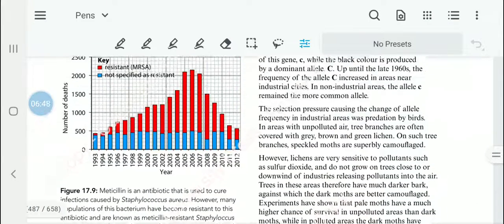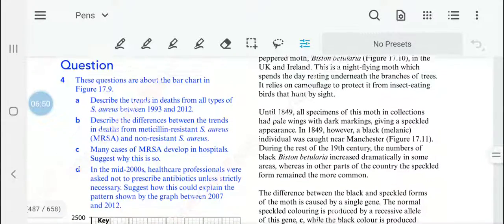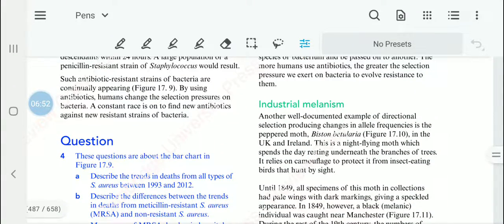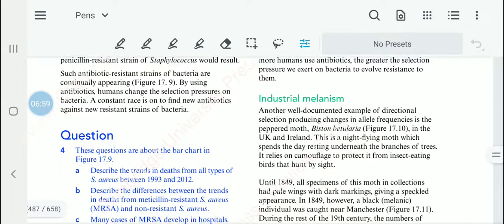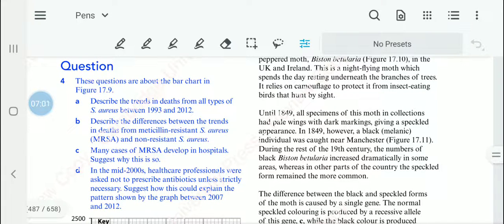A mutation resulted in the number of black moths of the species Biston betularia increasing as a result of the pollution which made the trees become black.